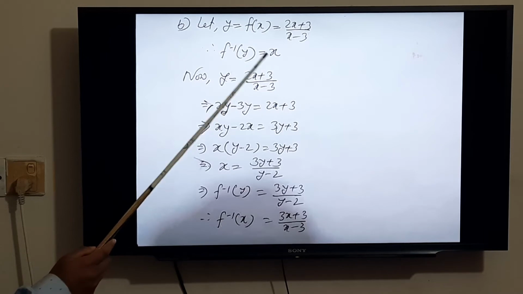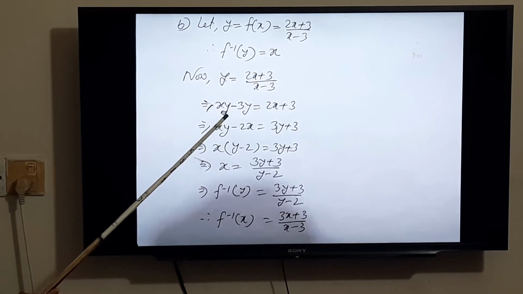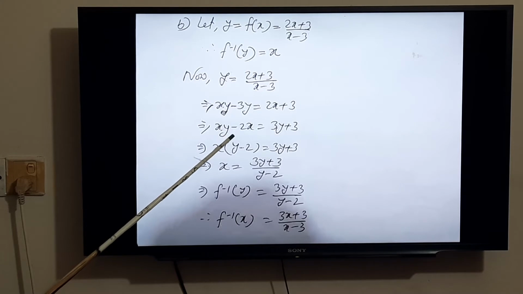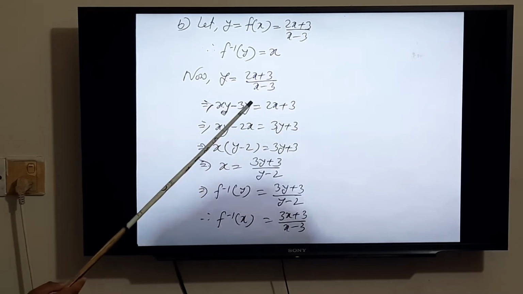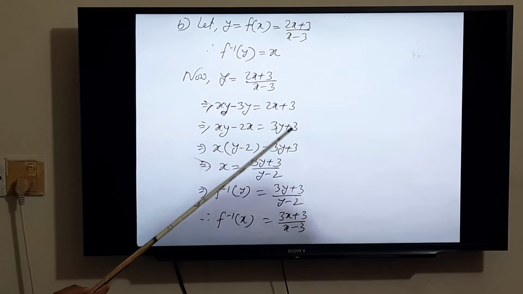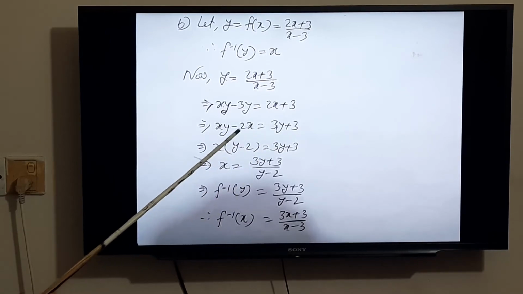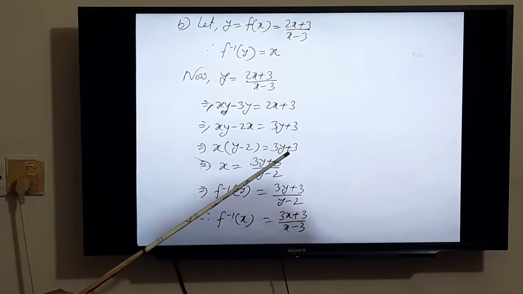The terms involving x will remain on the left hand side. So xy minus 2x is equal to 3y plus 3. Taking x as common in two terms, x into y minus 2 is equal to 3y plus 3.